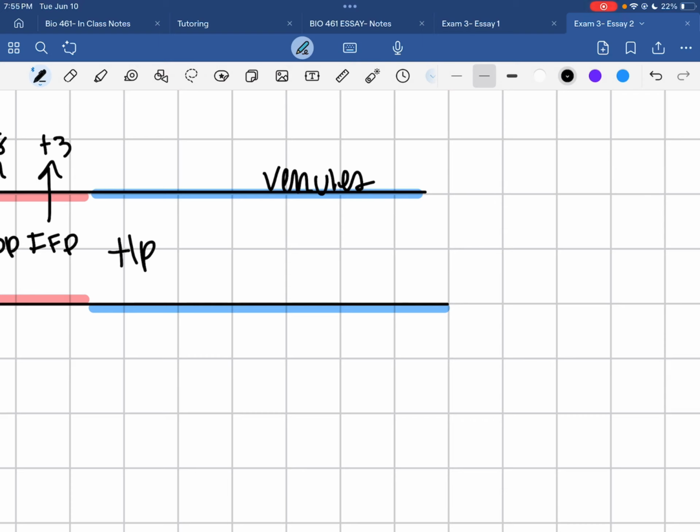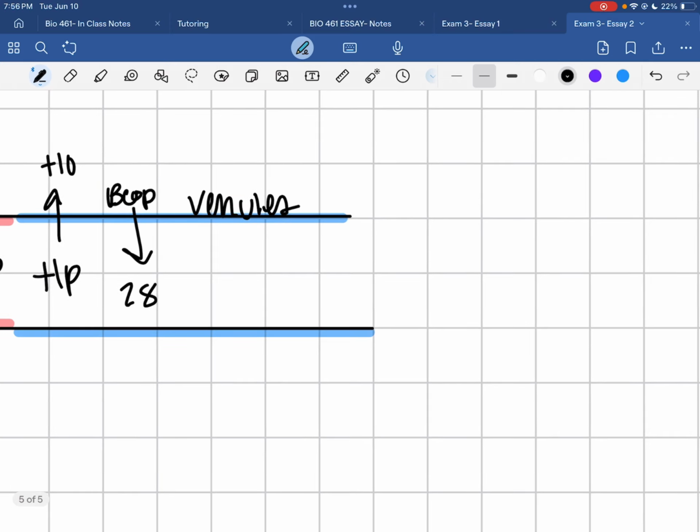13 out. And then the same thing is going to happen over here, except that the hydrostatic pressure is going to be different. Hydrostatic pressure is going to be out, positive 10. BCOP will be going in, 28.